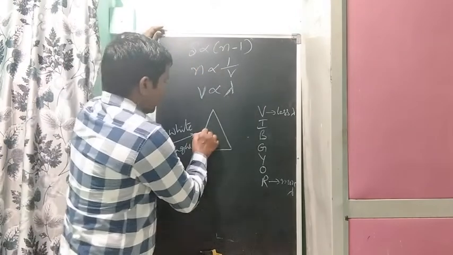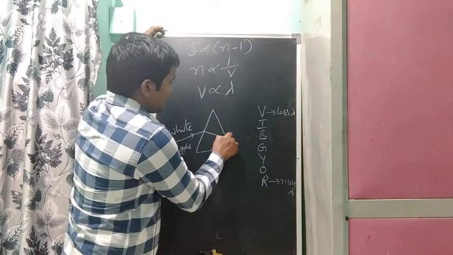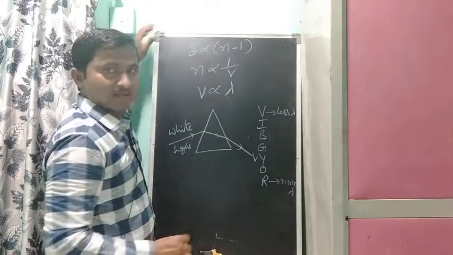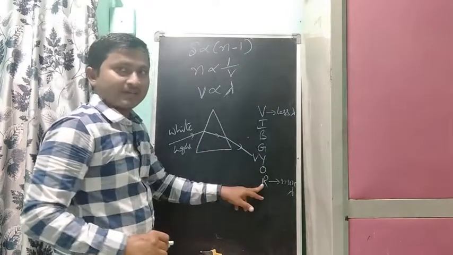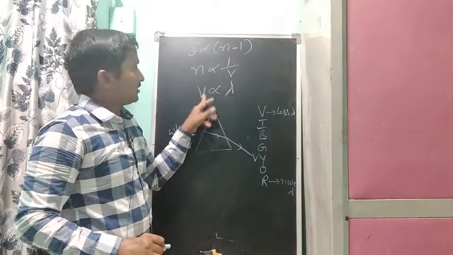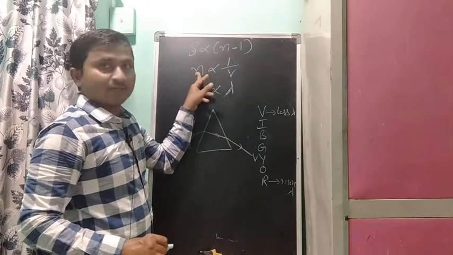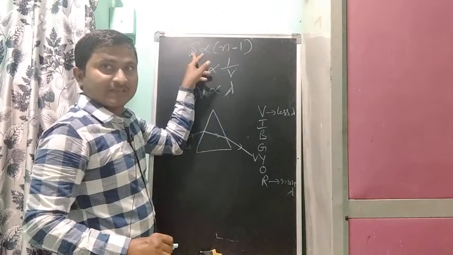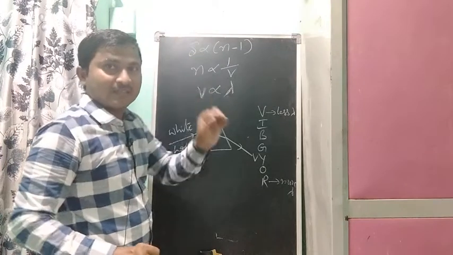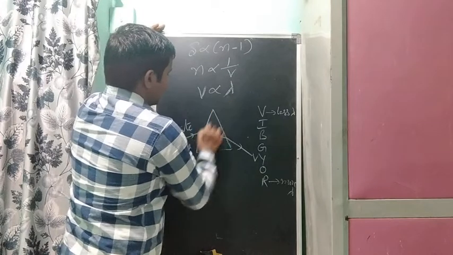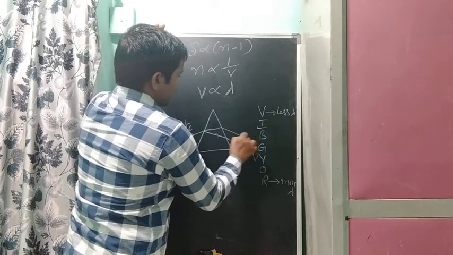That's why the violet light undergoes more deviation, more bending. Whereas if you take the red light, red having more wavelength, automatically the speed is more. If the speed is more, refractive index is less. If the refractive index is less, the angle of deviation is less. That's why the red color light undergoes less bending, and emerges like this.